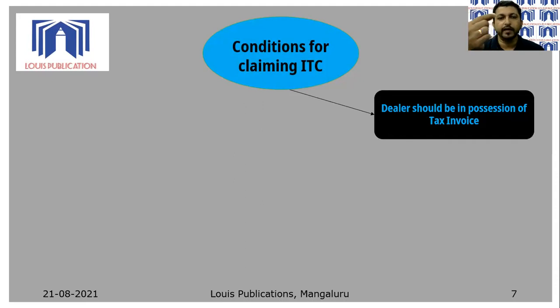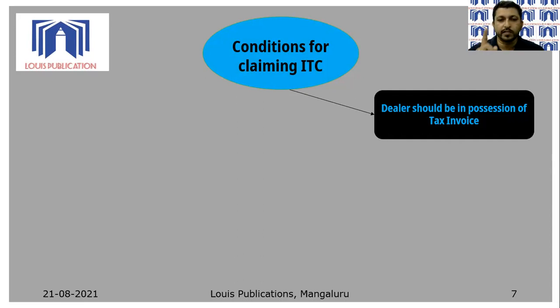If you have paid GST to your supplier, only then the supplier can issue a tax invoice. The difference between tax invoice and bill of supply is simple. Tax invoice will contain the GST amount, whereas bill of supply will only show the plain value of the goods, no GST at all.